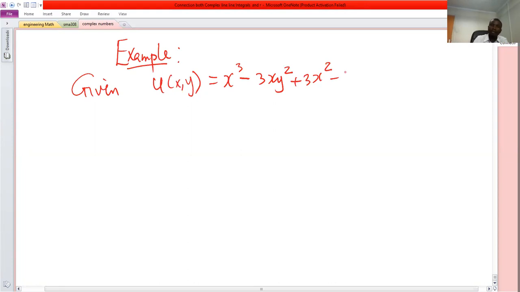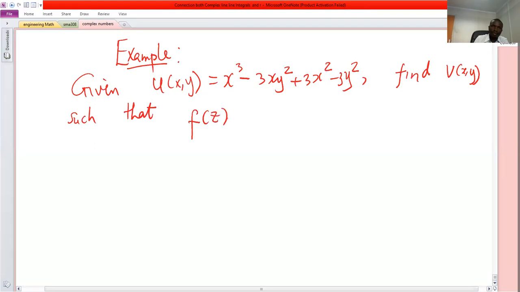Find v of x, y such that f of z given by u plus iv is harmonic.